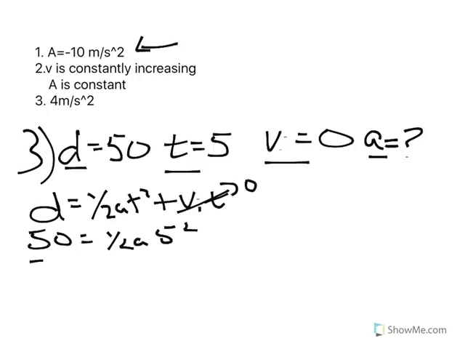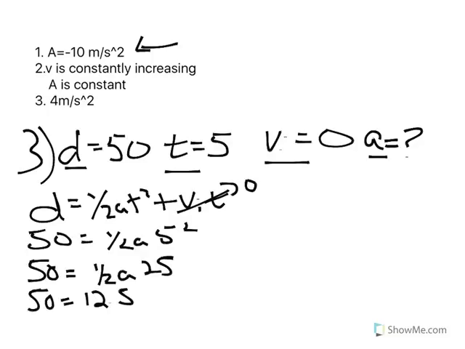So we end up with 50 equals 1/2 times a times 25. You multiply 1/2 times 25, and you get 50 equals 12.5a, and then divide by 12.5, and you get 4 meters per second squared equals acceleration.